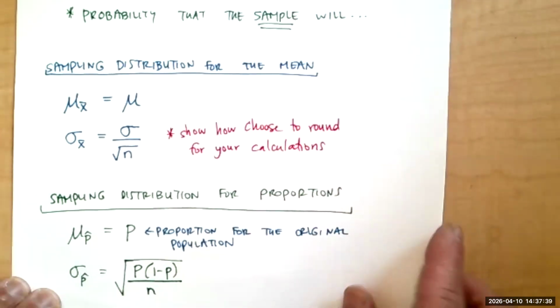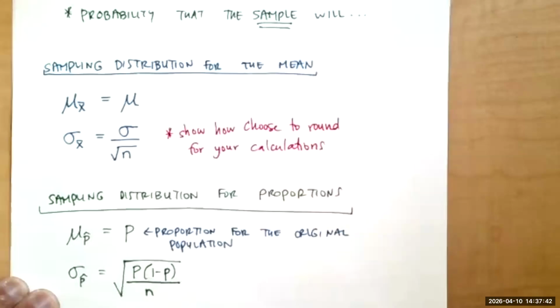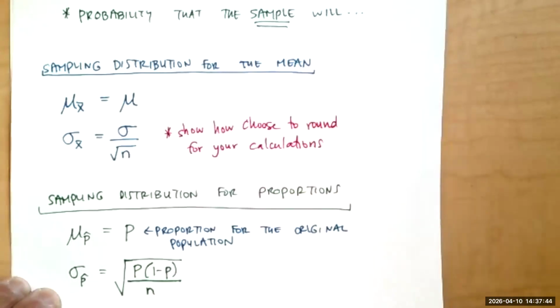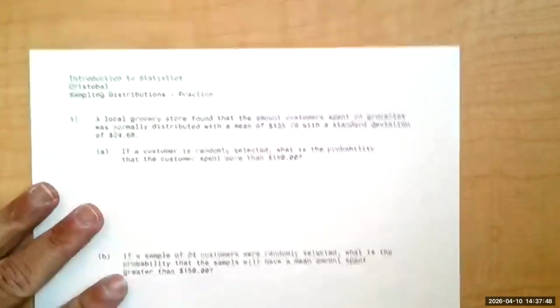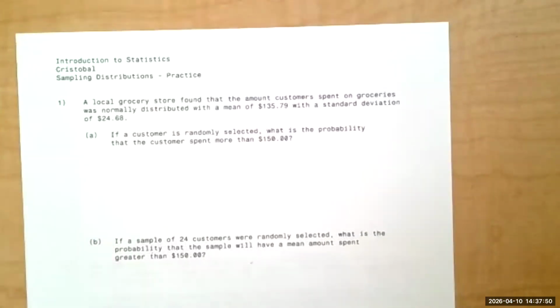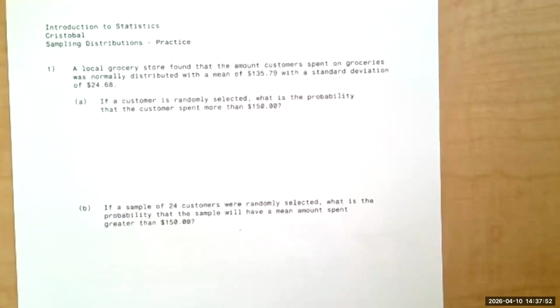So, for example, I'll bounce between this and StatCrunch in a moment. I have this practice set, and I'll put this on our Canvas page to follow along as well.